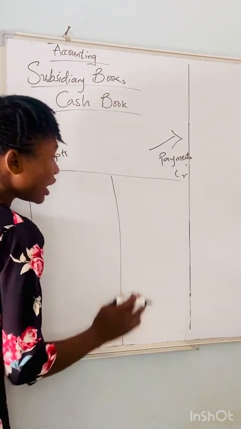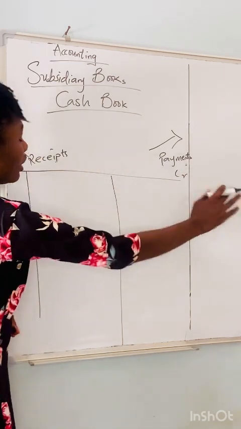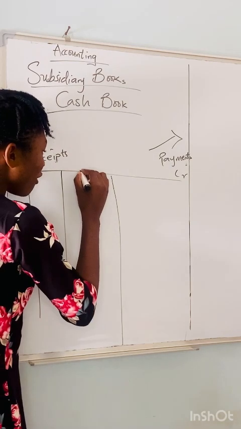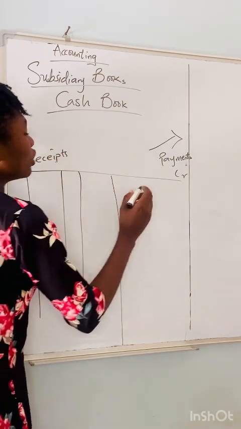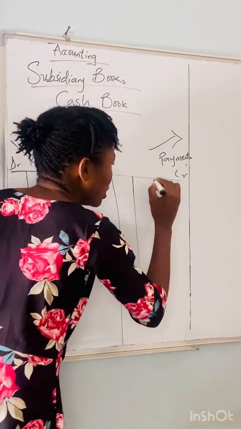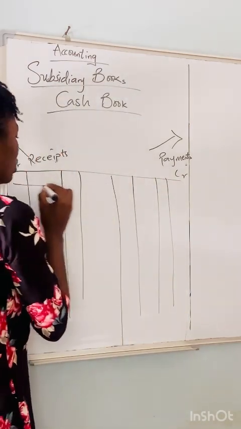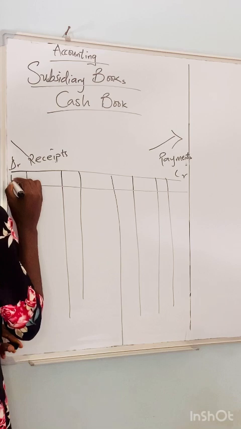Our format is very easy. This is our divider, separating our debit from our credit side. So we have our dates, our particulars, our folio, and then amounts. Similarly, we have the particulars, folio, and then the amounts.